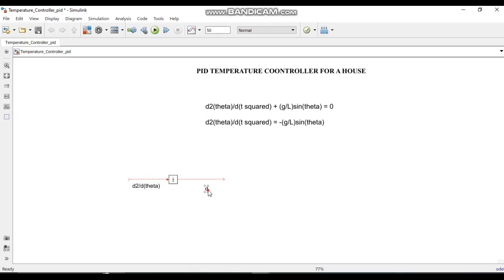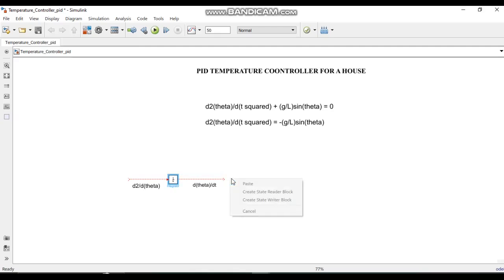Let me leave this side. So this side becomes d theta dt, right? So you have to apply another integral block.